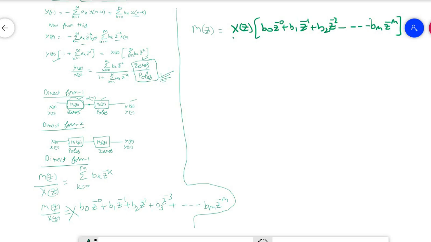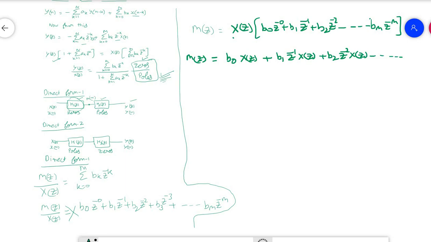Or we can change this: M(z) is equal to b0 X(z), b1 z^-1 X(z), b2 z^-2 X(z), and so on. This is my direct form 1 first part, that is zeros.